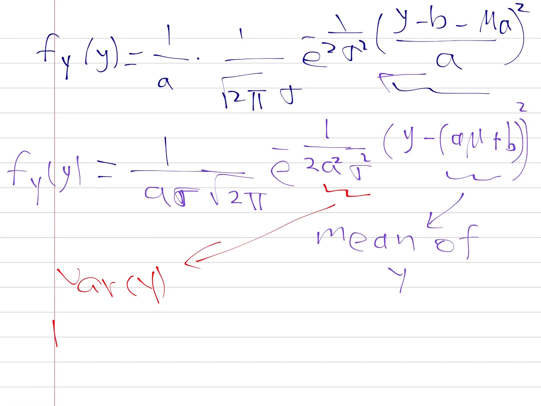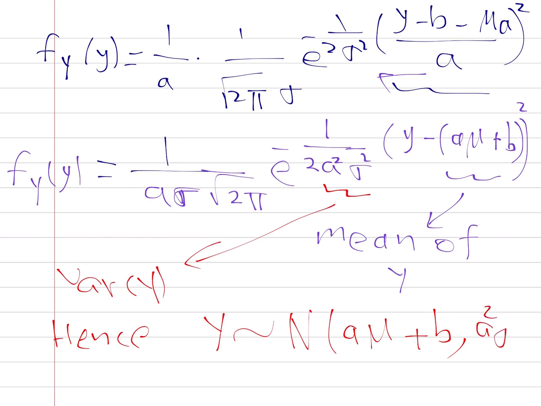Hence y is also normal with mean equal to a mu plus b, and the variance is a squared sigma squared.